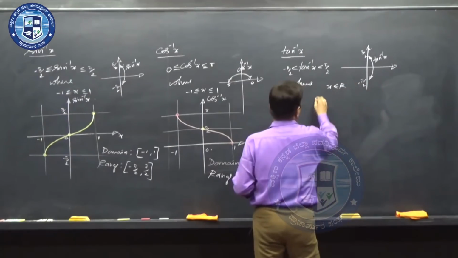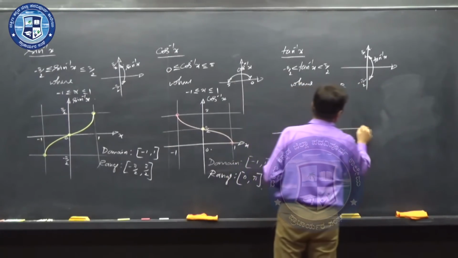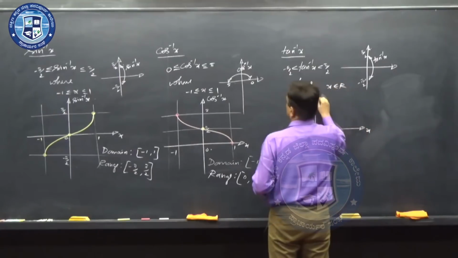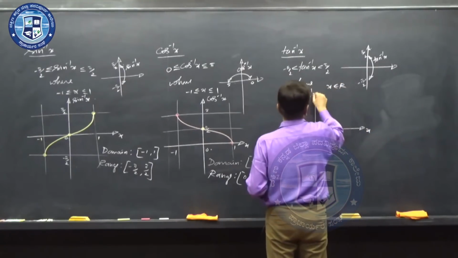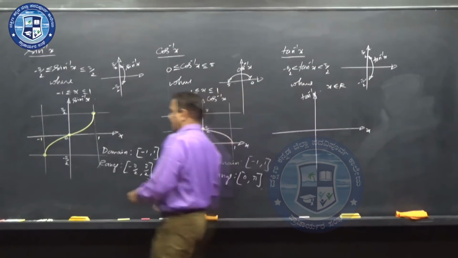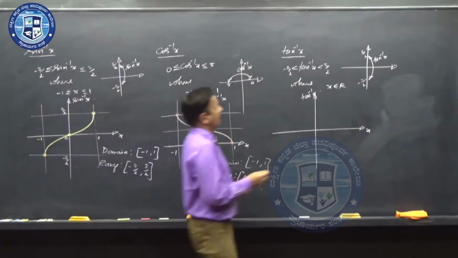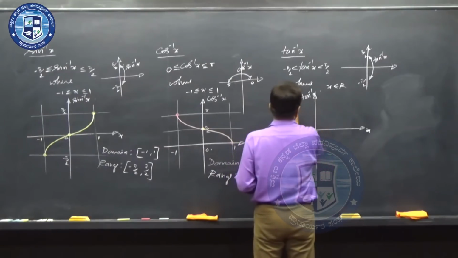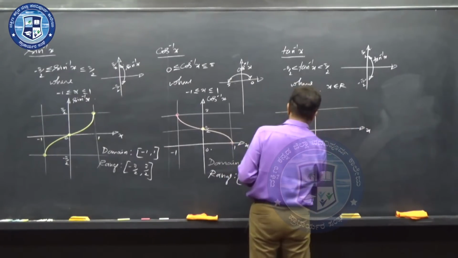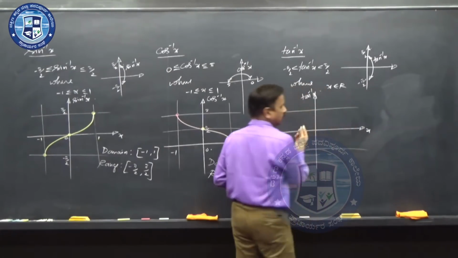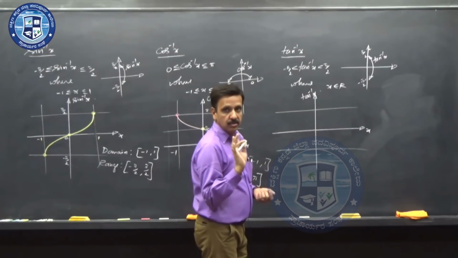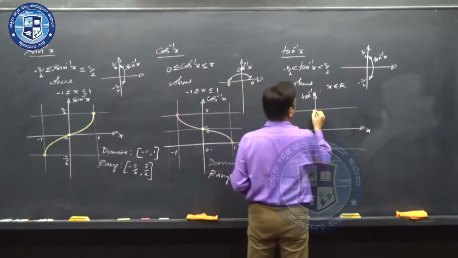And if you draw the graph, it will be like this. This is x, this is tan inverse x. Look at this. The maximum value is pi by 2 and the minimum value is minus pi by 2, not inclusive. Tan inverse x cannot be equal to pi by 2.